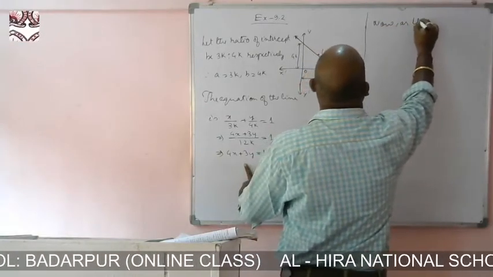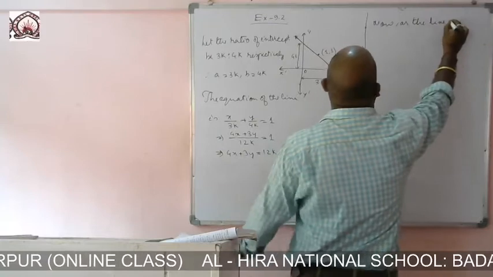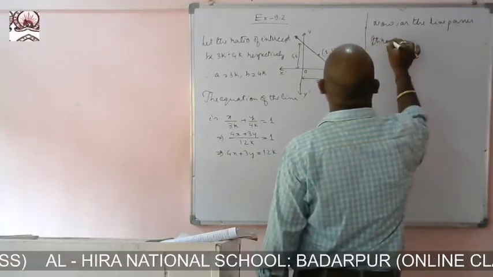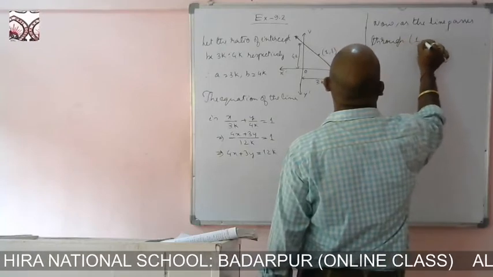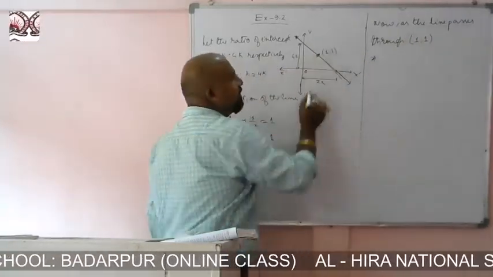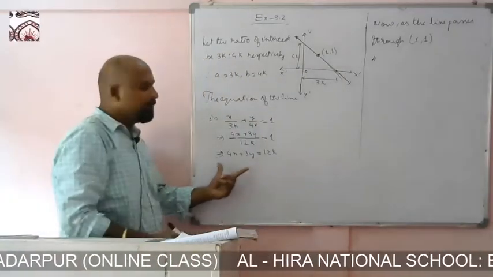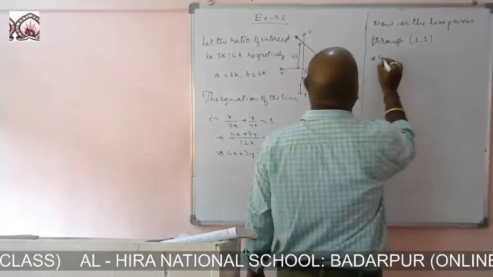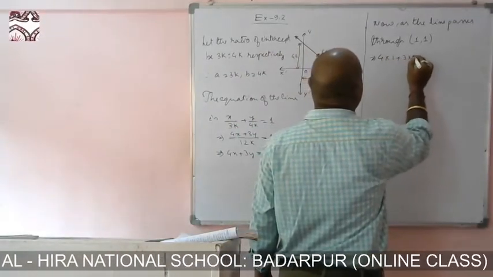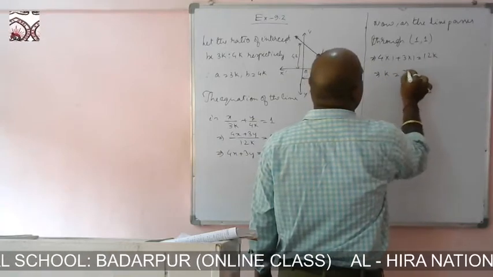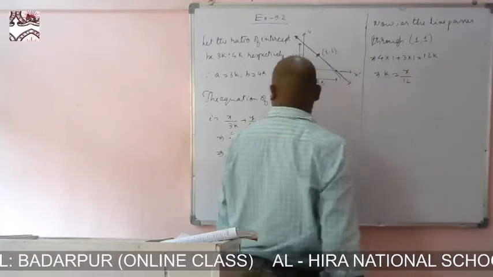As the line passes through 1, 1, it should satisfy the equation 4x plus 3y equal to 12k. So 4 into 1 plus 3 into 1 equal to 12k. This implies k equal to 7 by 12.